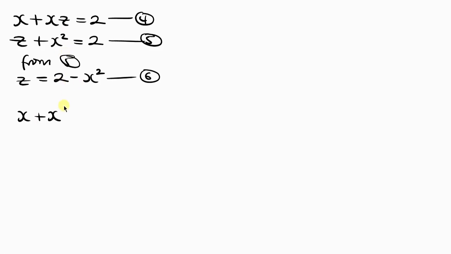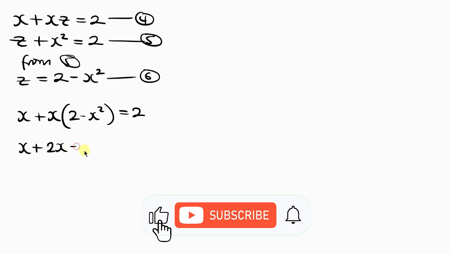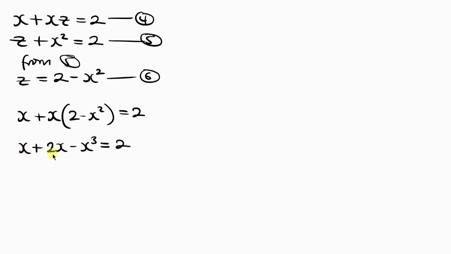I'm going to be putting 2 minus x squared. That's it. Equal to 2. So let's go ahead and expand this. So we have x plus 2x minus x cubed to be equal to 2. So this can be added together. So x plus 2x is 3x minus x cubed to be equal to 2.